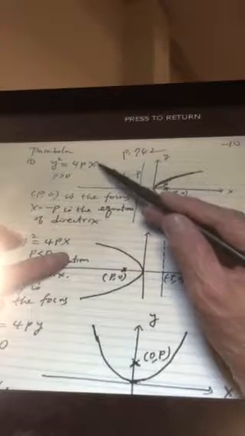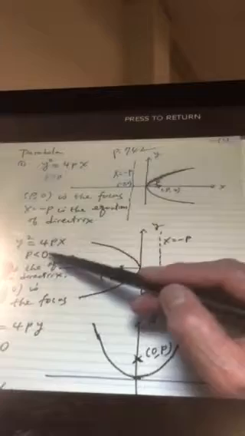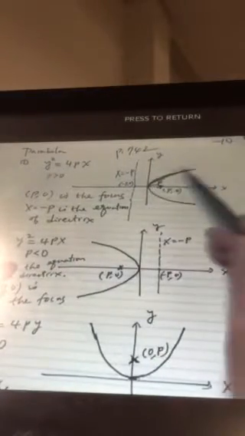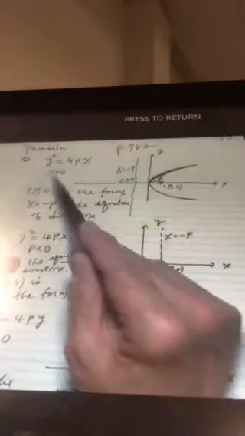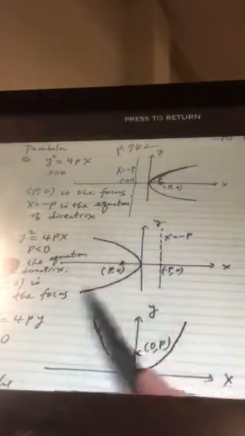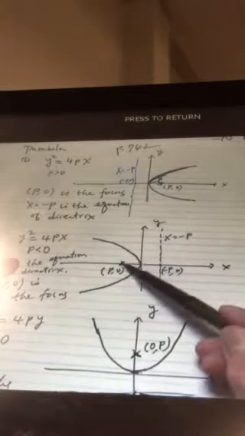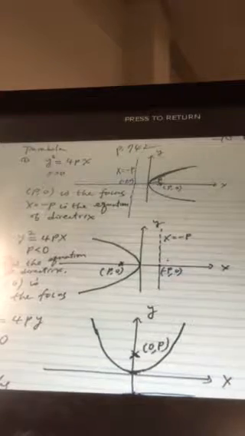If I have squared y and only one power on x, no matter whether this is a positive number or a negative number, I know the graph is sitting on the x-axis. Now depends on whether p is positive. If p is positive, it's like this. If p is negative, it's like this.